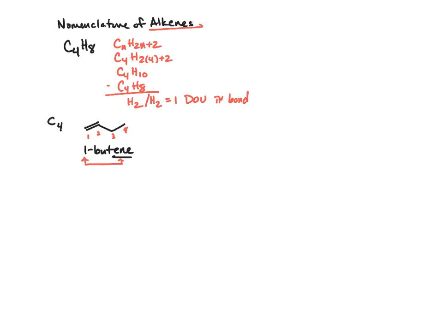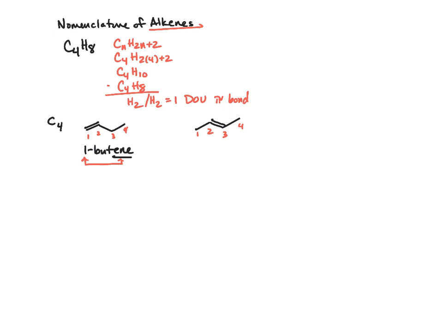So within the C4 chain, we can also put the pi bond between carbons 2 and 3. Let's go ahead and do that. So now we're going to have a 2-butene, but there's also another thing we have to consider in naming this molecule.